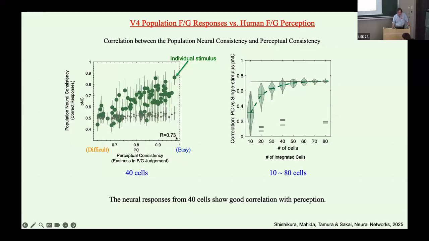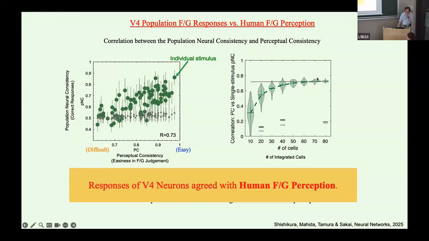Stimuli easy for humans were also easy for the machine, and stimuli difficult for humans were also difficult for the machine. And this correlation increases as the number of neurons combined increases, up to about 80%. So this result indicates that the responses of the neurons agreed with human perception.